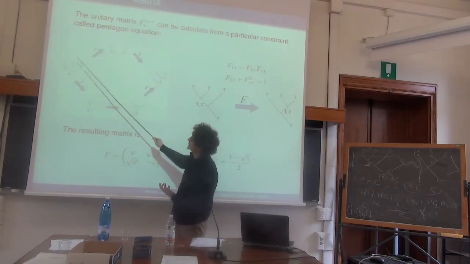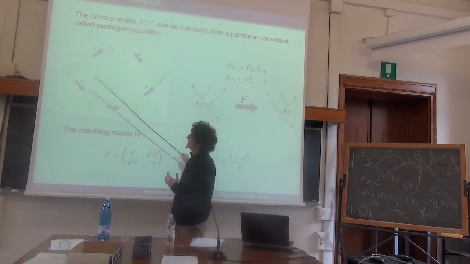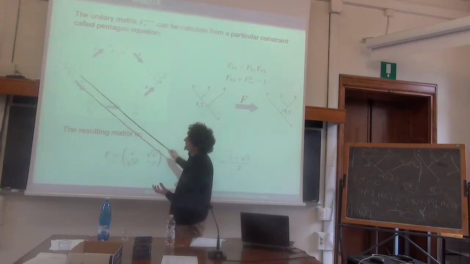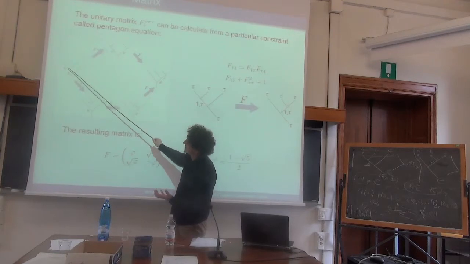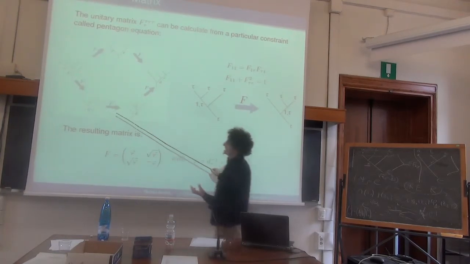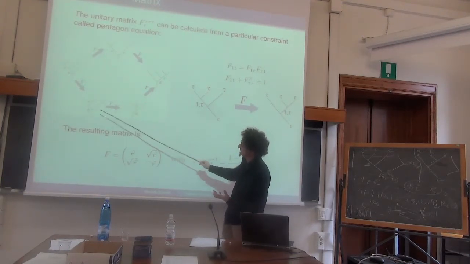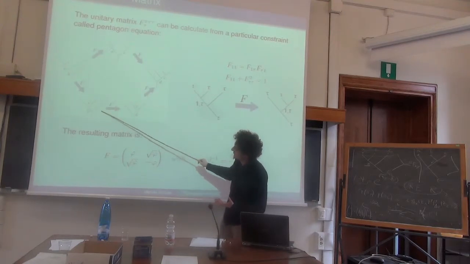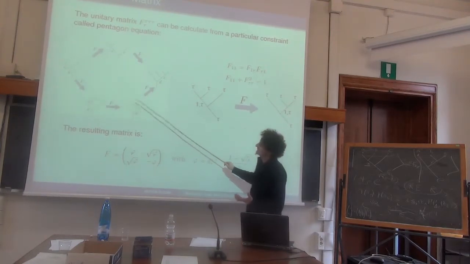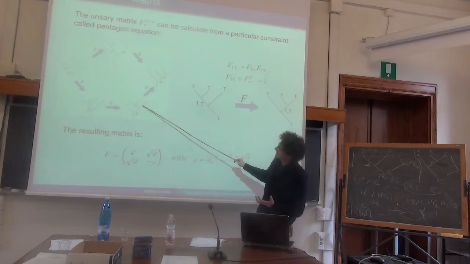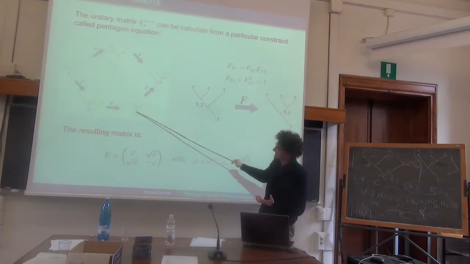Or I can do a different operation, which is a priori not equivalent, and move this segment here. So this is the F matrix of this small block, and then move this link here, which is the F matrix of this small block. And finally, apply the last, third F matrix here.